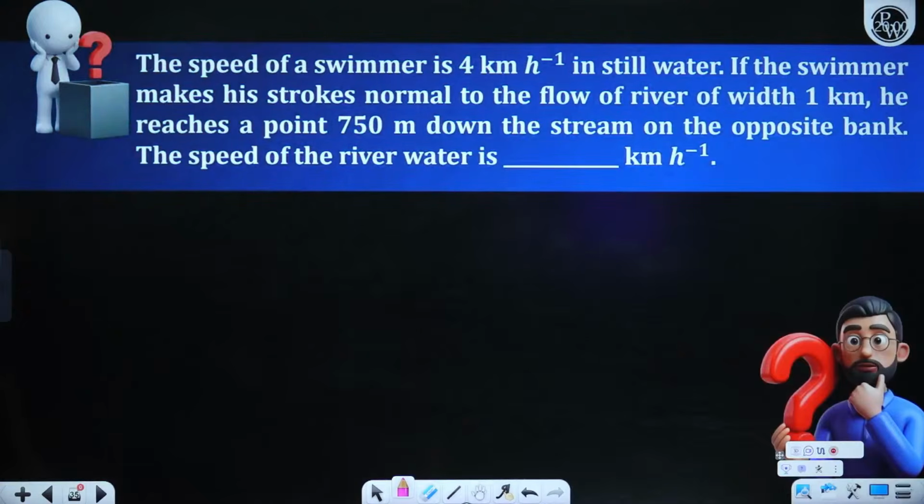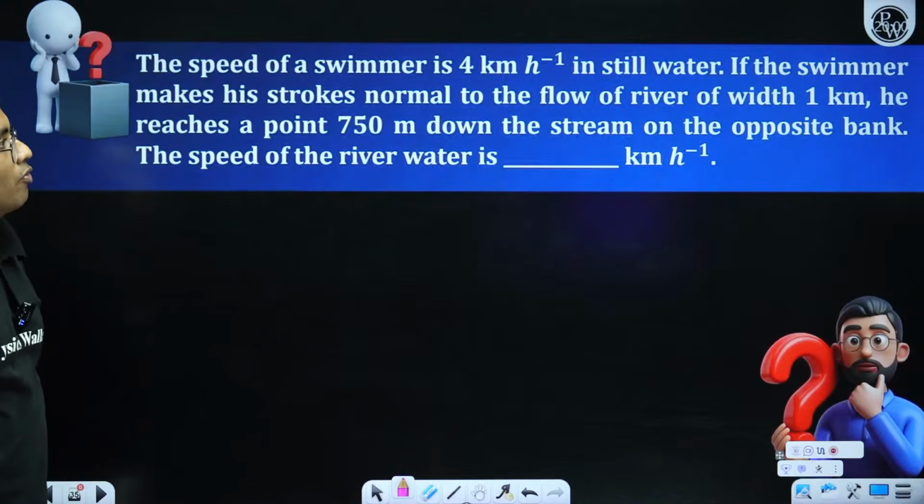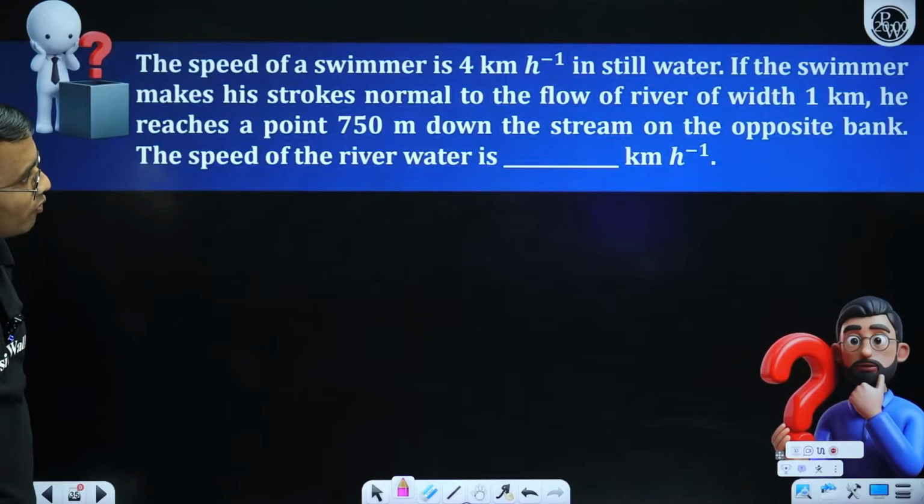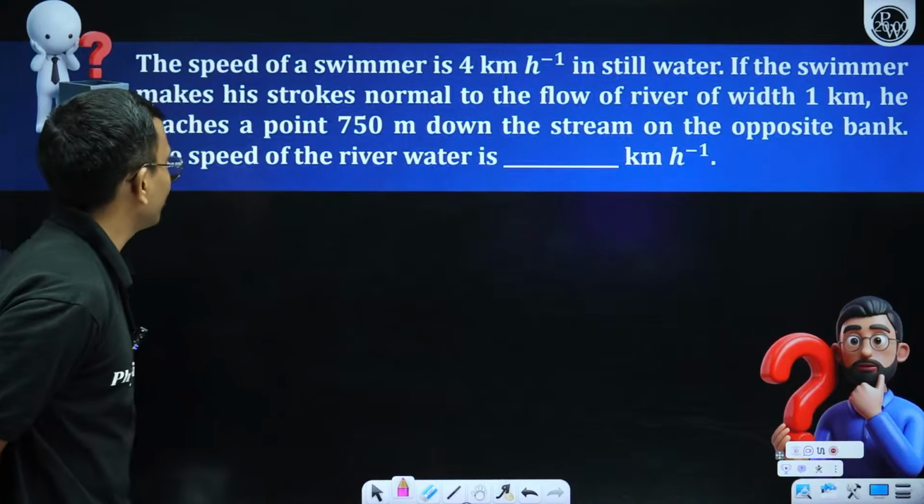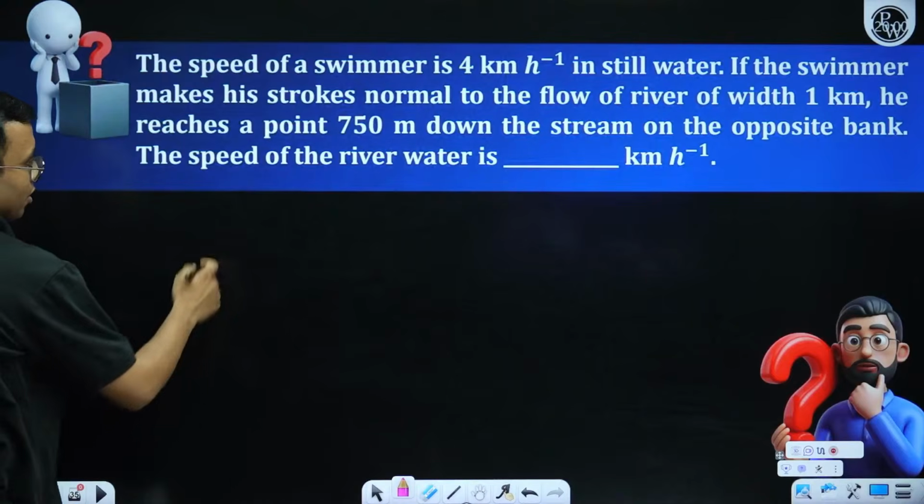Okay, let us do some questions on this. The speed of a swimmer is 4 km per hour in still water. If the swimmer makes his strokes normal to the flow of the river of width 1 km, he reaches a point 750 meters down the stream on the opposite bank. The speed of the river water is?